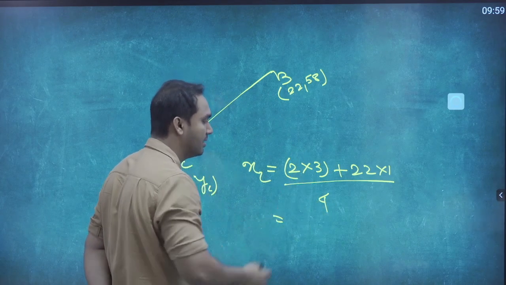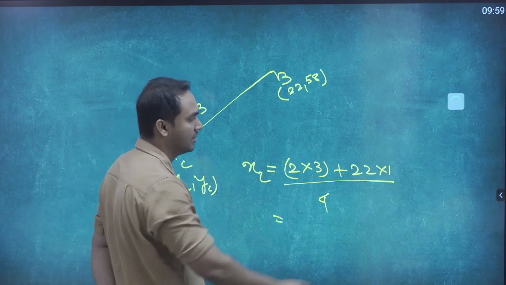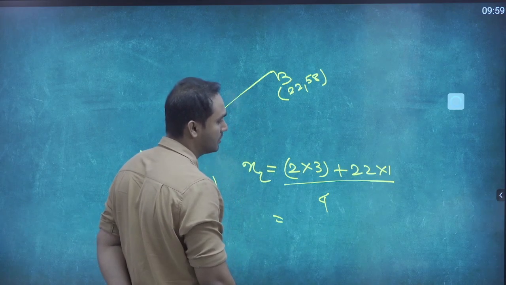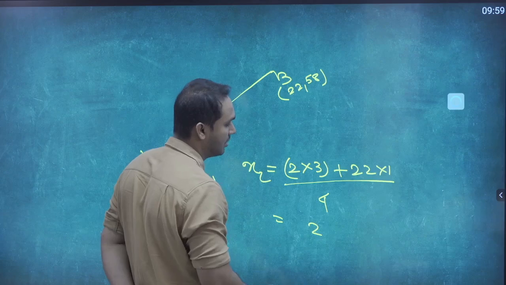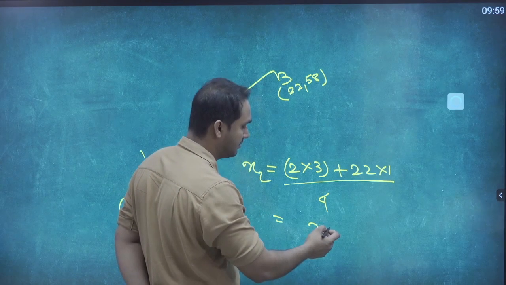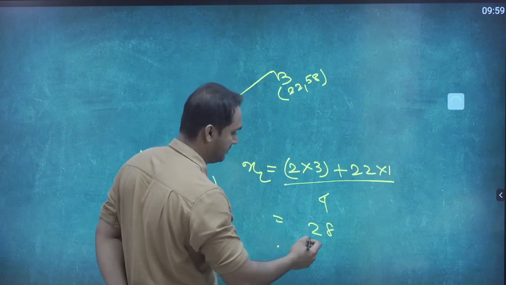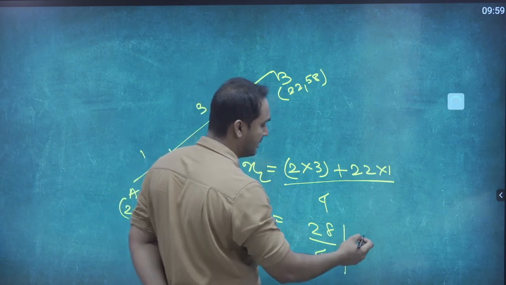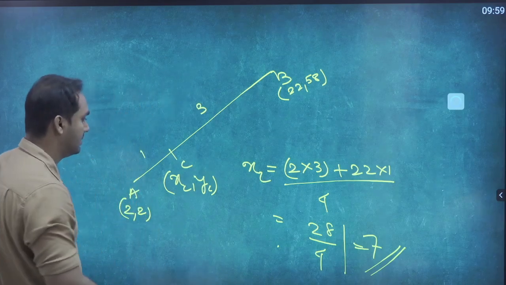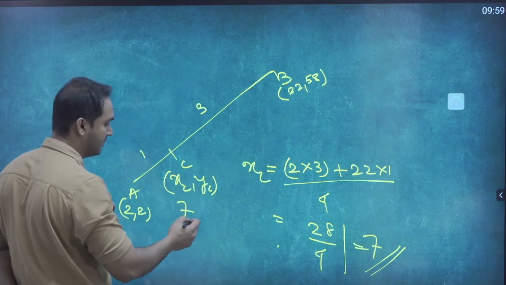So how much do you get here? 3 into 2 is 6, 22 into 1 is 22, so that will be 28. Divided by 4, the final answer is 7. So here the xC coordinate is 7.